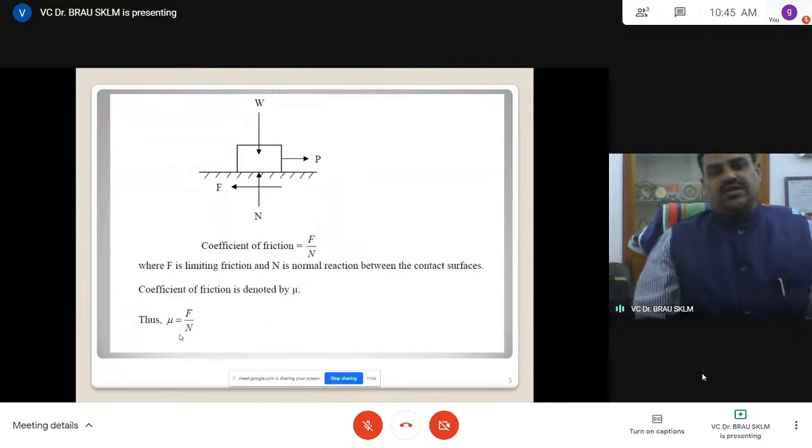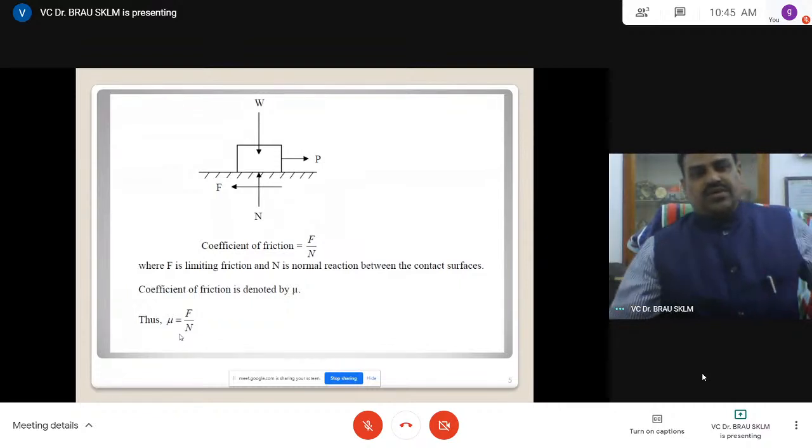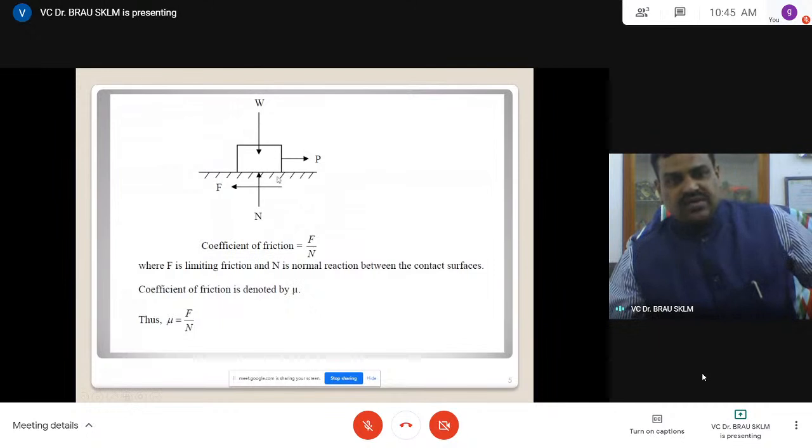Now here is the free body diagram. This body, if you remove it from the surroundings, let us assume that this rough surface is removed, and I apply the two forces. Upward force is equal to downward force: W is equal to N, and P is equal to mu N. These are the two equations here.